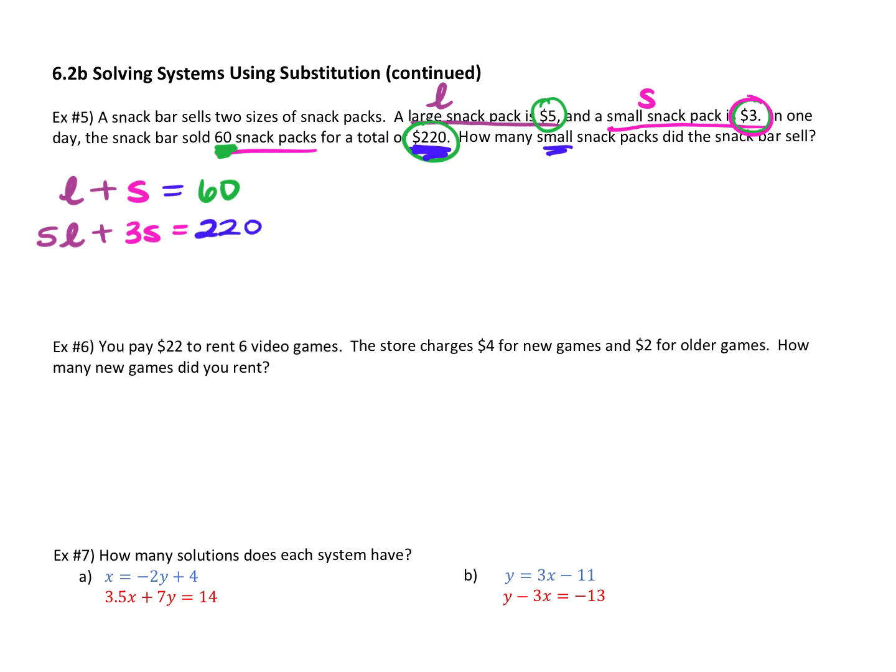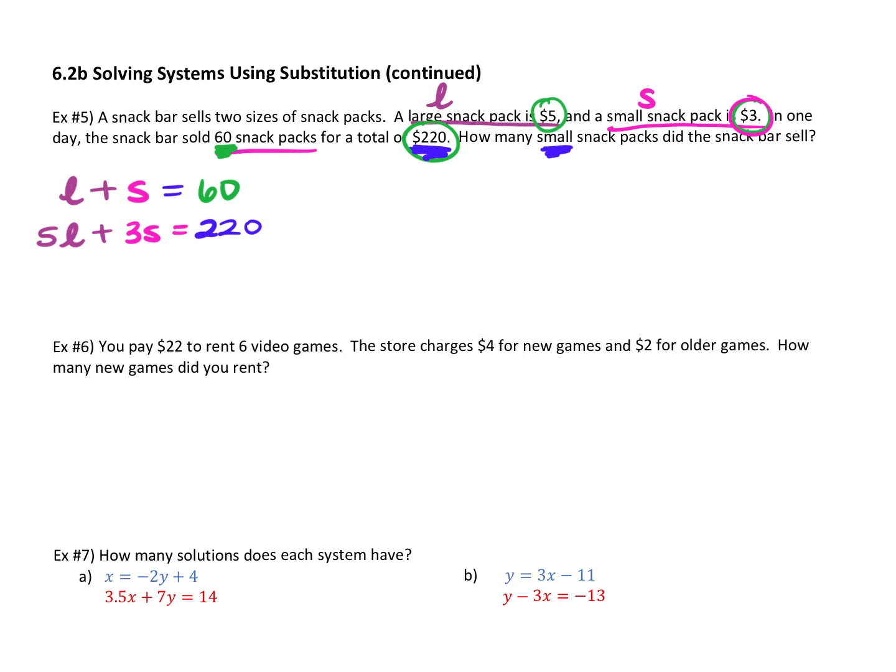And in my opinion, that's the hardest part of this problem, is figuring out what are your two equations that create your system. So here's my system, my two equations, and now we are going to solve by substitution. This is not the only way, but because they're asking how many small snack packs there are, we want to solve for our S's.